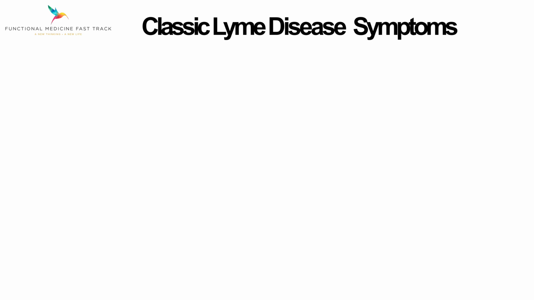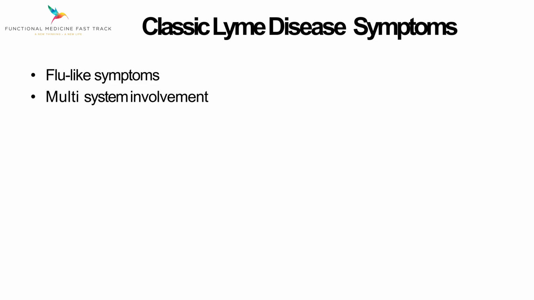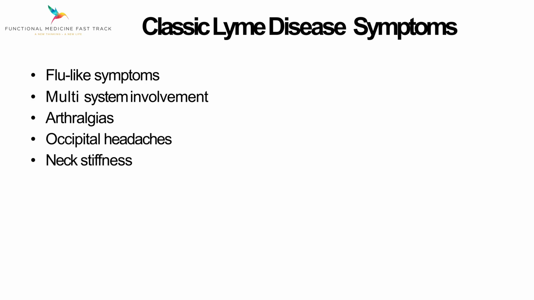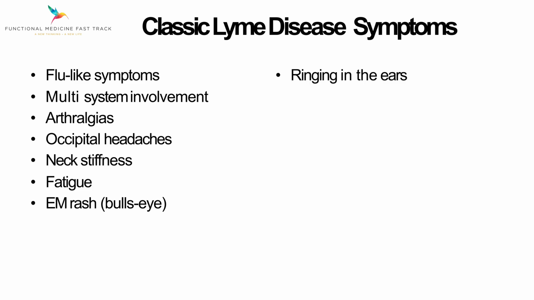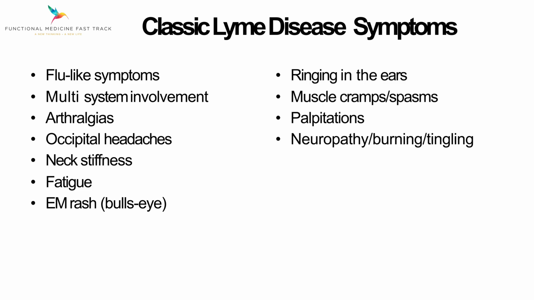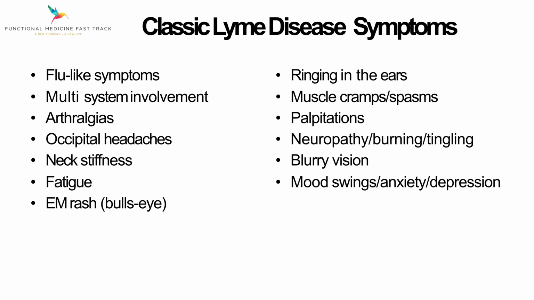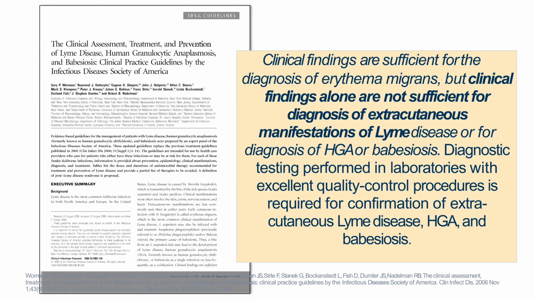So let's have a look at the classic Lyme disease symptoms. And these certainly aren't something that is conclusive. Again, flu-like symptoms, multi-system involvement, arthralgias, occipital headaches, neck stiffness, fatigue, bullseye, ringing in the ears, muscle cramps and spasms, palpitations, neuropathy, burning, tingling, blurry vision, mood swings, anxiety, depression.